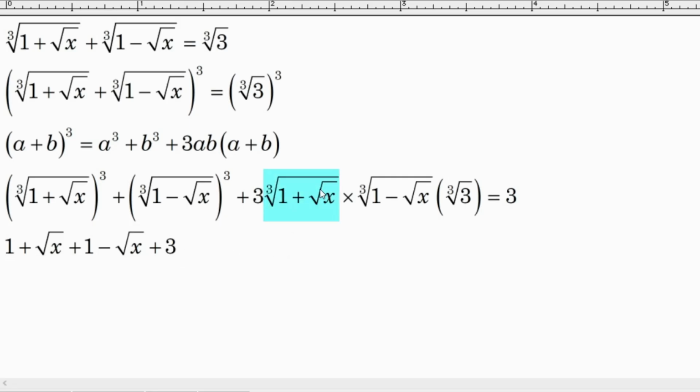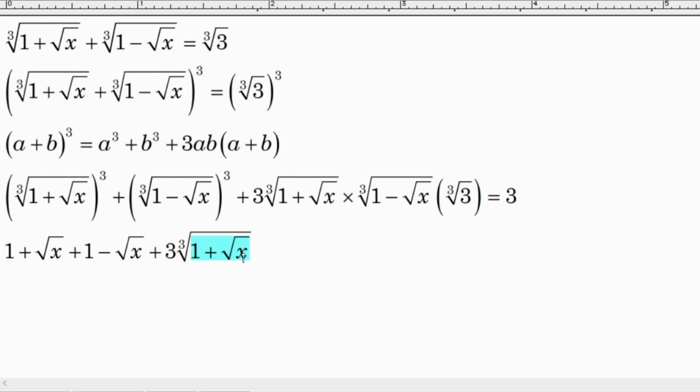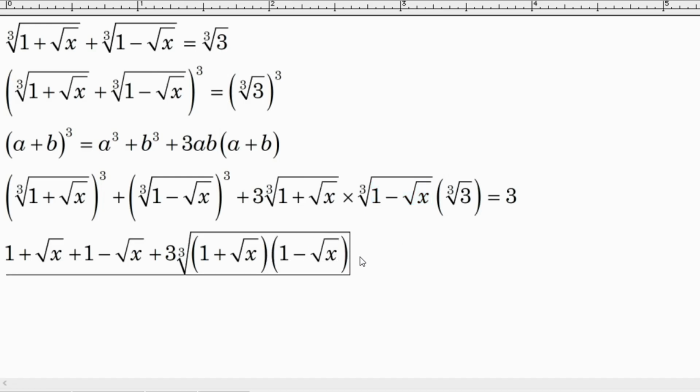So as we can see, we have cube root of 1 plus square root of x times cube root of 1 minus square root of x. So we can put these factors under the same cube root, this factor times this factor, and then times cube root of 3, which is here, then equal to 3.